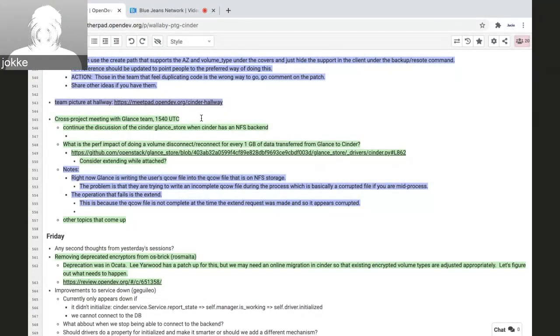So the problem is just that Cinder treats that file as a Cinder volume, which happens to be packed in QCOW in NFS. We as Glance just write that file and it happens to be QCOW. So Cinder is expecting to see QCOW.